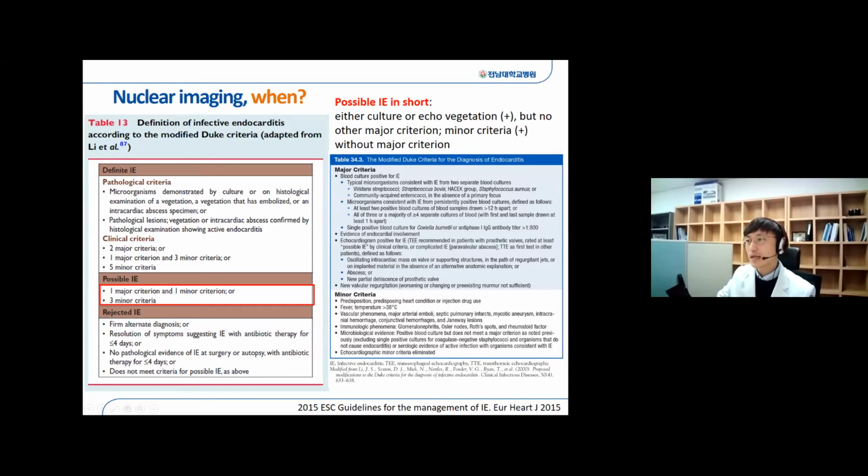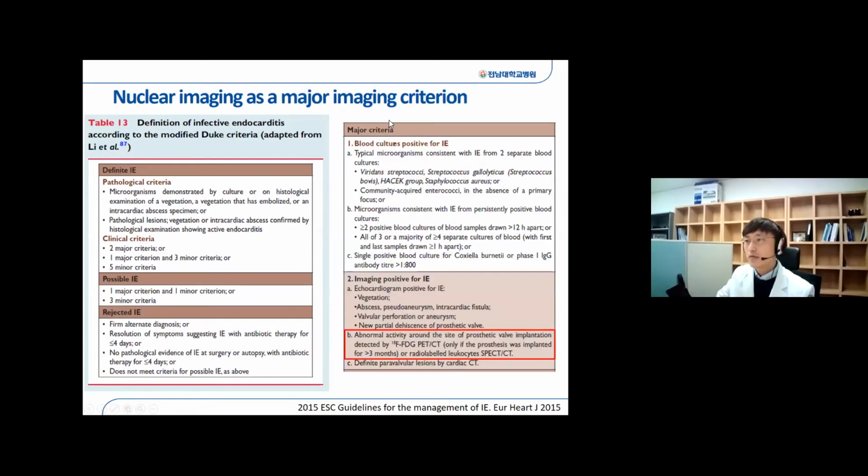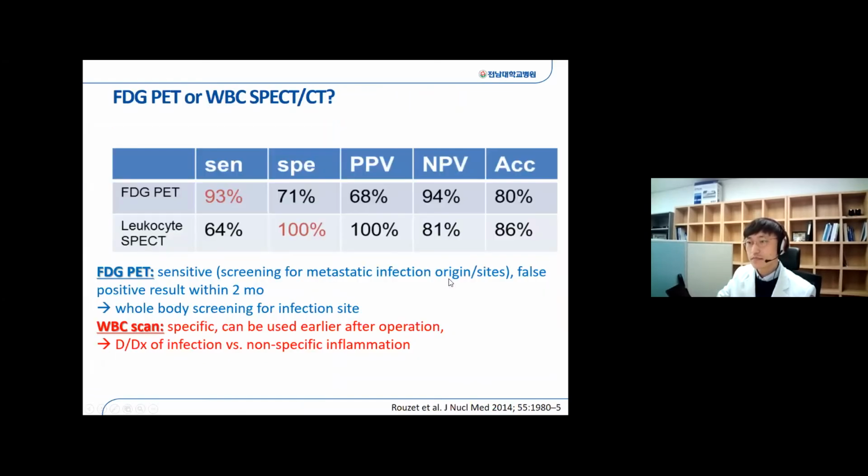On the right side are the detailed items from the modified Duke criteria. And in the revised ESC criteria 2015, the positive finding for nuclear imaging has become a major criterion to diagnose imaging positive for infective endocarditis.